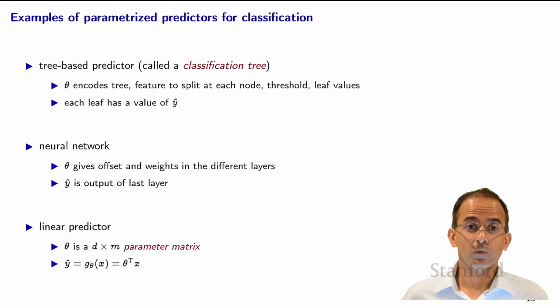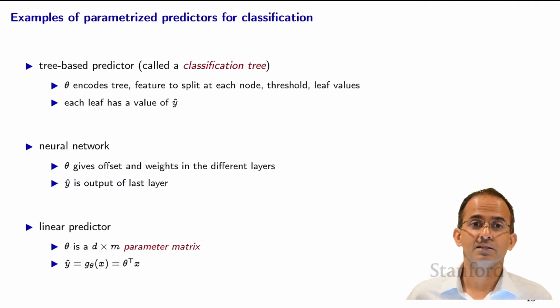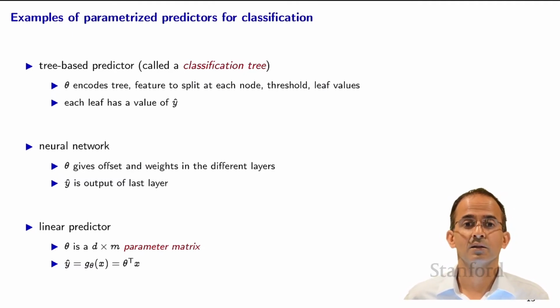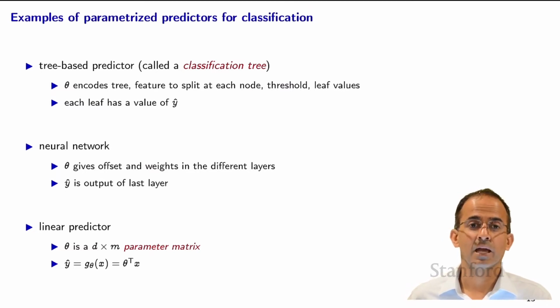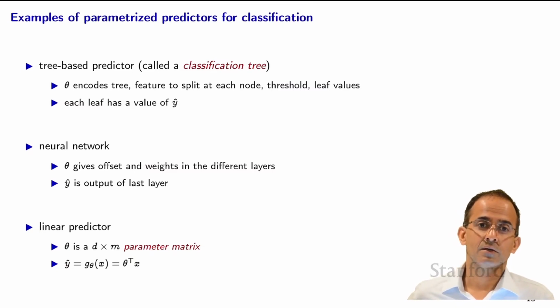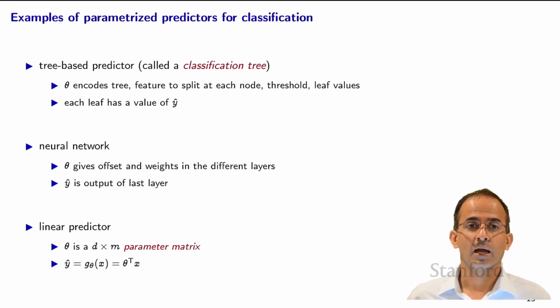We might use a neural network, in which case theta gives us the biases or offsets and the weights in the different layers, and y hat is the output of the last layer, and again we un-embed. We might use a linear predictor, where theta is a d by m matrix and y hat is just theta transpose times x.